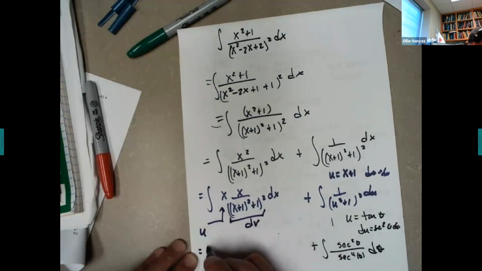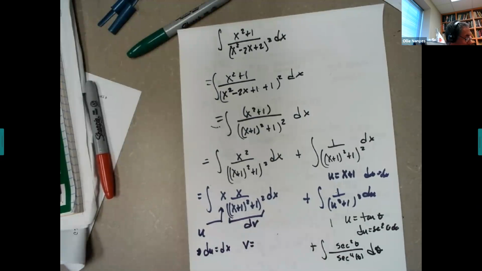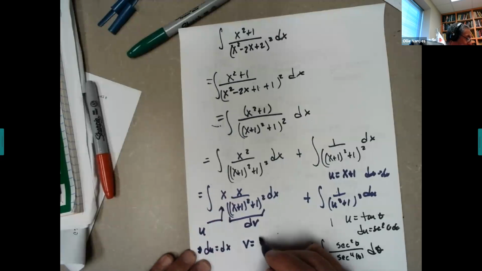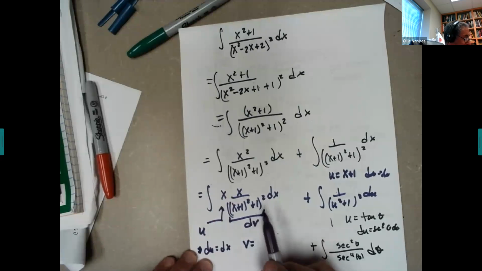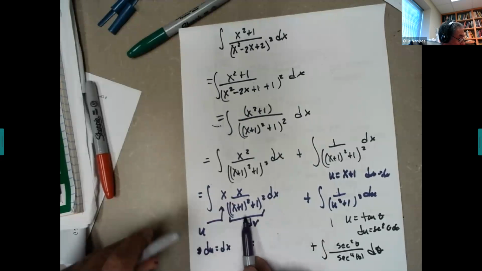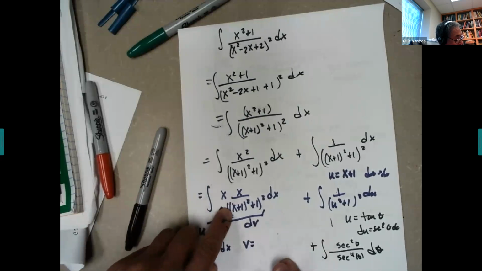So du is dx. V is basically the antiderivative of this. So it's going to be 1/2, because when you're finding the antiderivative here, the derivative of this is going to be 2x plus 1.